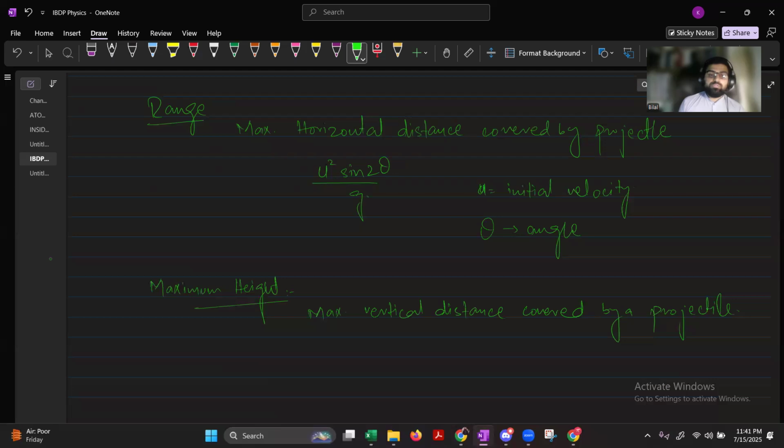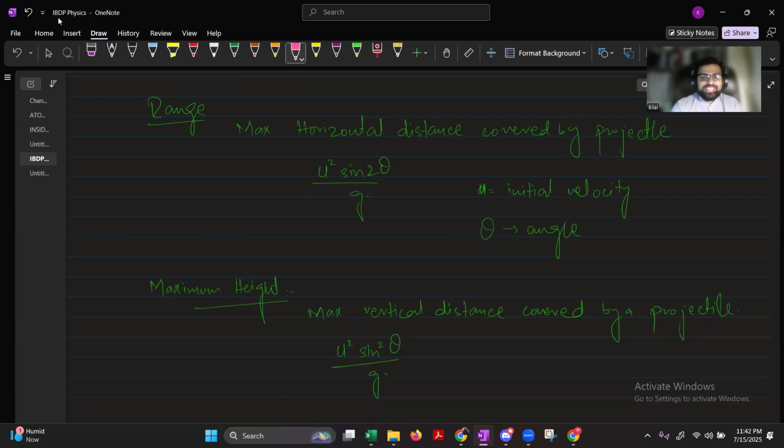And the formula for maximum height is somewhat like the formula for range, which is u square sine square theta over g. So there's a difference: here we have sine 2 theta and here we have sine square theta. So you should be very careful with these two. In range, it is sine 2 theta. And in height, we have sine square theta.